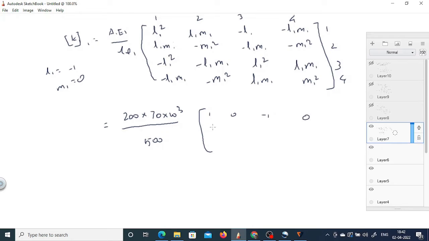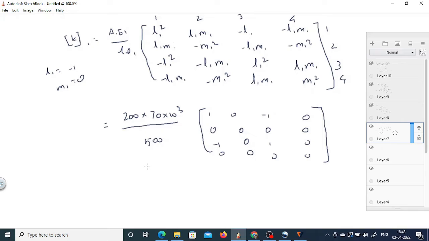After that L1 M1 is 0, minus M1 square is 0, L1 M1 is 0, and then also 0. Here minus 1. I substituted the values, that's all. The L1 value and M1 value are substituted in the given matrix so that I can get this information, and then 0, 0, 0. Likewise, I can get the values.